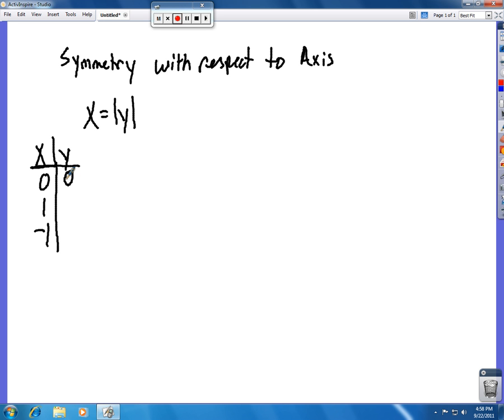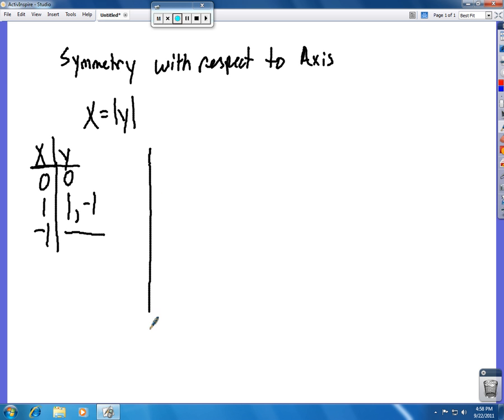If x is 1, y could be 1 or negative 1. So what if x was negative 1? What value can we plug in for y, absolute value of y, and get a negative answer? Well, there's not going to be one, because the absolute value is going to take away the negative, so there aren't any here.